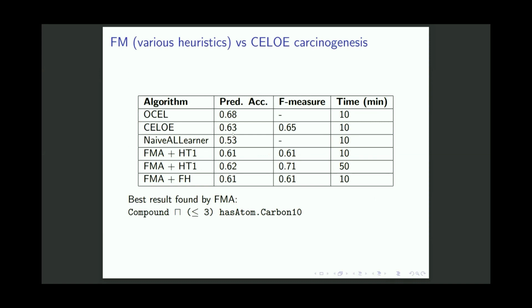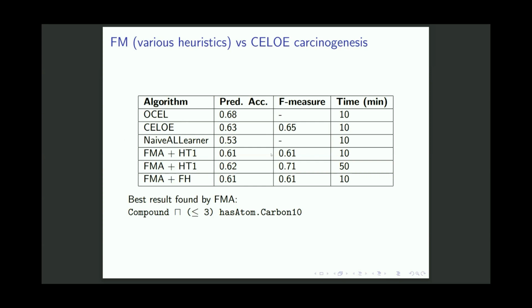We have our base algorithm on the second row. The first 3 are basically their algorithms from the framework. And the last 3 are our algorithm with different kinds of heuristics for different problems.